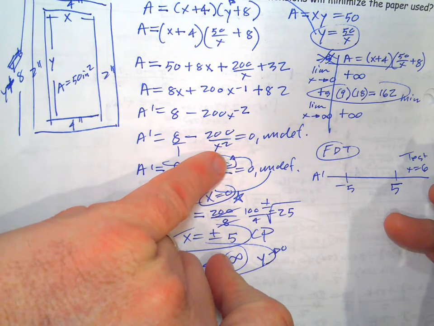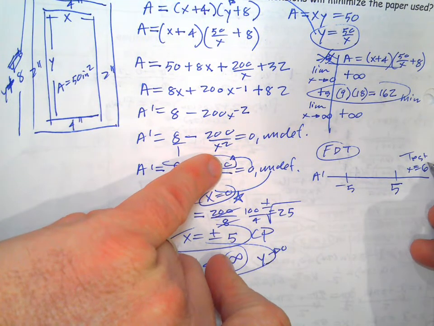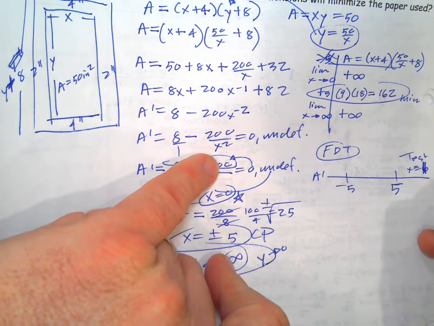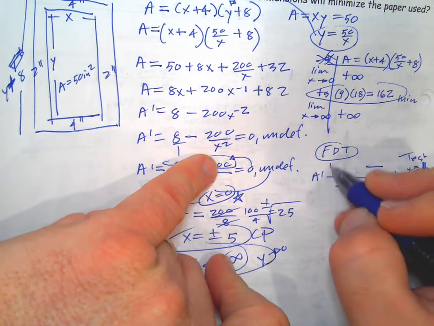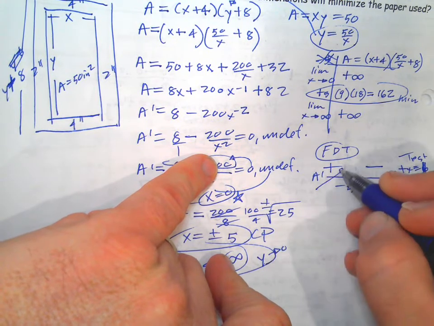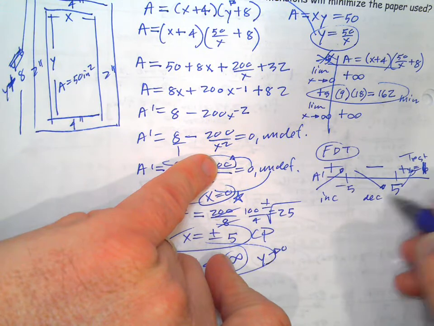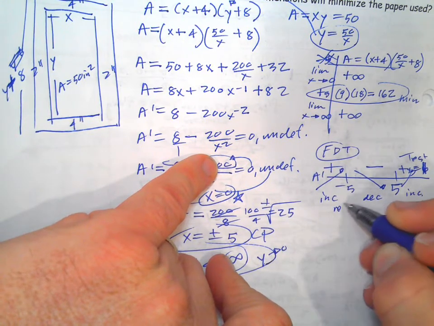I don't think I'm going to do 6. Can I do 0? Let's do 1. It's negative, negative, positive, positive: increasing, decreasing, increasing. Relative max, relative min.